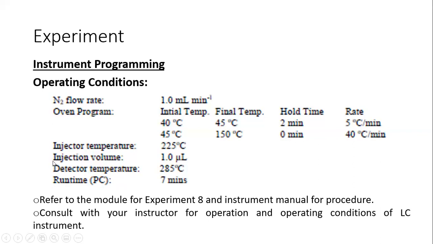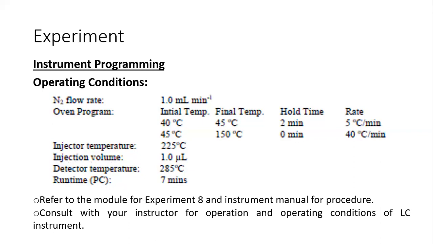So, in this particular experiment, the injection volume is 1 microliter. In the next slide, I will show how to determine that exactly 1 microliter enters the gas chromatograph system.